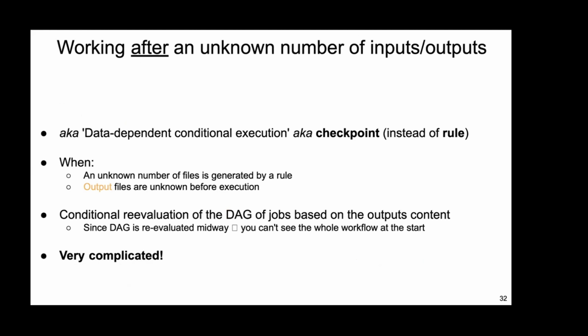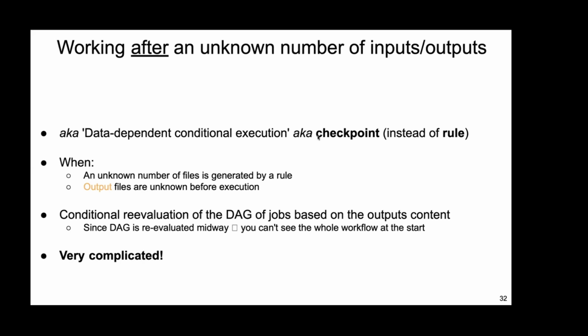To give you an example of when that could happen, imagine that you have a certain data set and you have a rule that is going to run some clustering on that data set and output a file for each one of the found clusters. You can imagine, of course, that the number of found clusters is going to depend on the actual data set. And so you don't really have a way to know how many files are going to be produced afterwards.